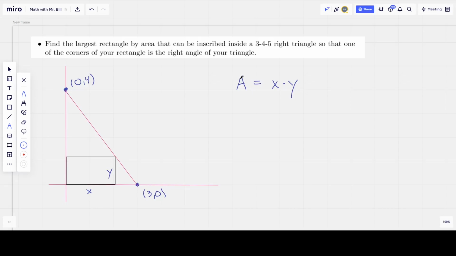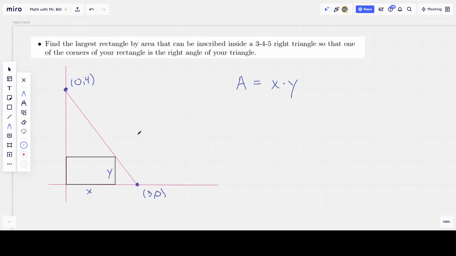Now, when I take a derivative, I usually want to take it with respect to one variable, and right now I've got x and y. But y is constrained by the hypotenuse. So could I come up with an equation for that hypotenuse, so that I know where y is along it? Yes, if I figure out the equation of this line.